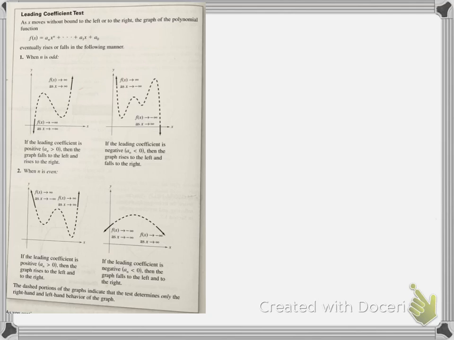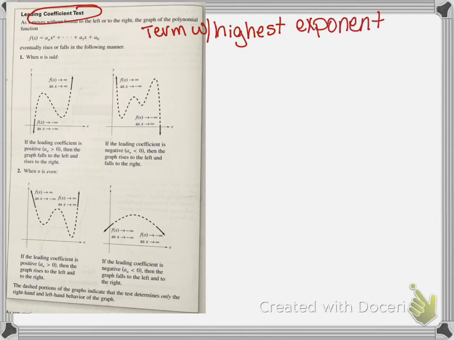Your leading coefficient is the coefficient of the term with the highest exponent. You only look at the highest exponent. If you've got x to the third power, the x to the second power doesn't matter.